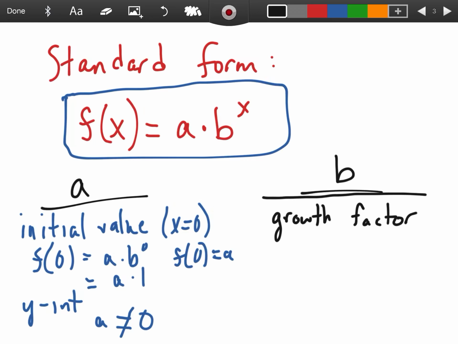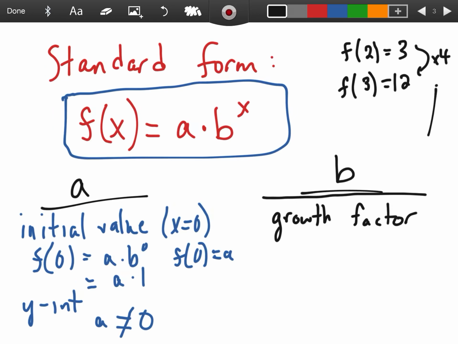So if I know f of 2 is equal to 3, and then f of 3 is equal to 12, well, I know that I multiplied by 4 here, so that's my growth factor. I'm multiplying by that growth factor of 4. So my b value would have to be equal to 4 in that situation.